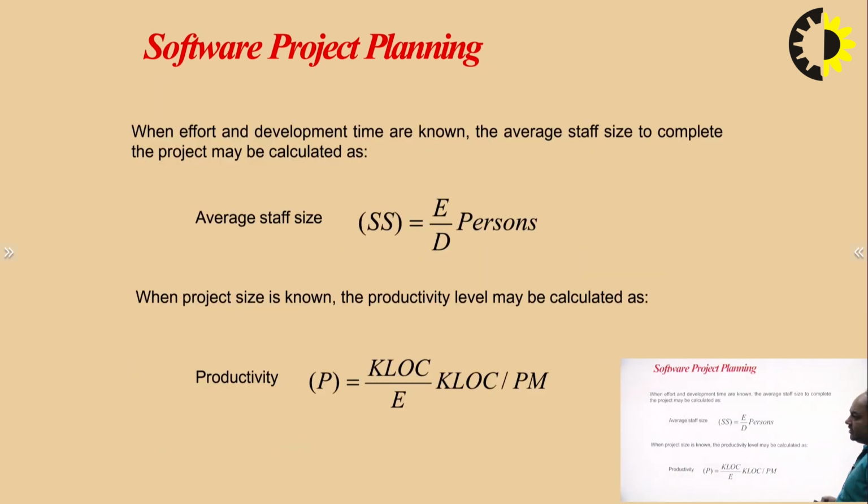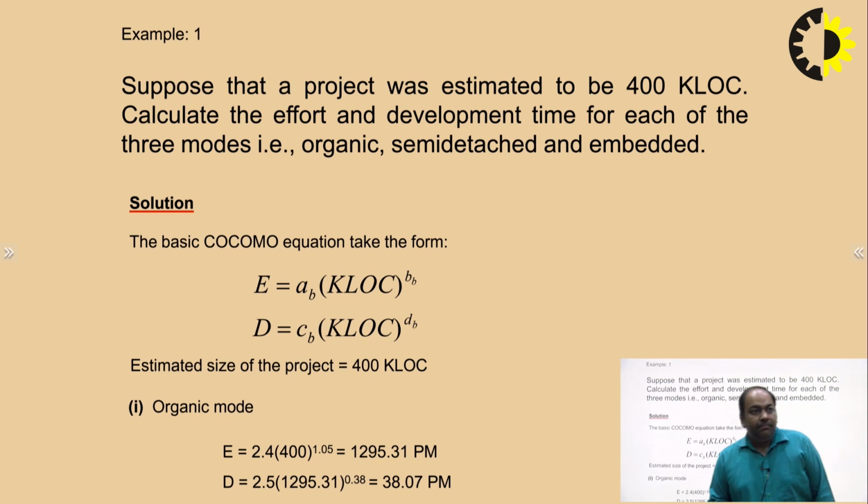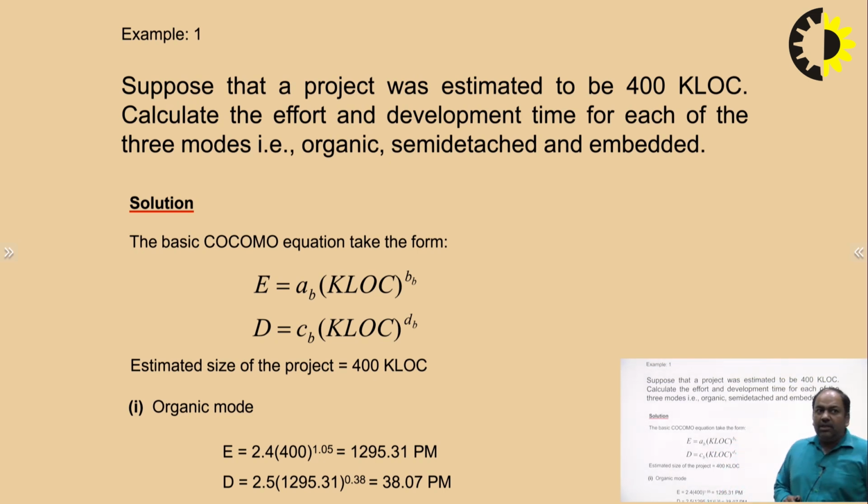With this we will solve a numerical. Suppose the project was estimated to be 400 kilo lines of code, and we have to calculate the effort and development time for each of the three modes: organic, semi-detached and embedded.